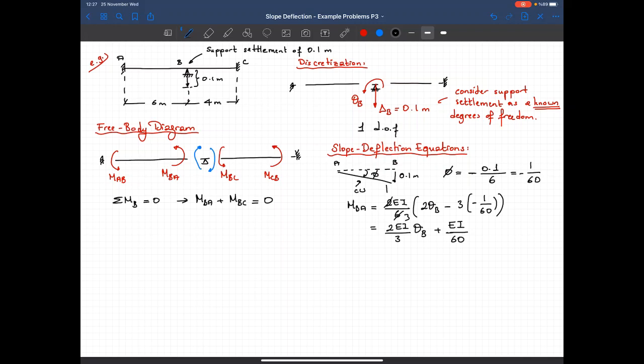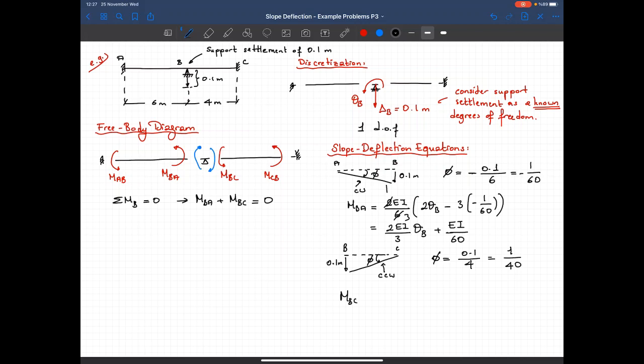Let's take a look at member BC. So it's initially like that. Point B moved in the downward direction by 0.1 meters. That's B, that's C. That's our phi angle, chord rotation. Now the chord rotation is in counterclockwise direction. So phi is equal to 0.1 over 4. In other words, it's 1 over 40.